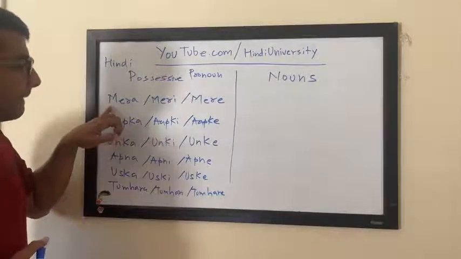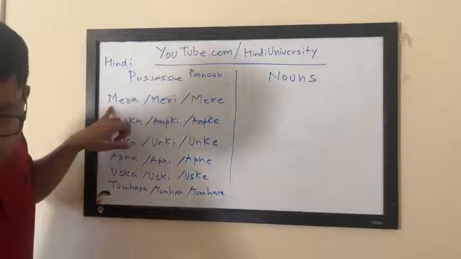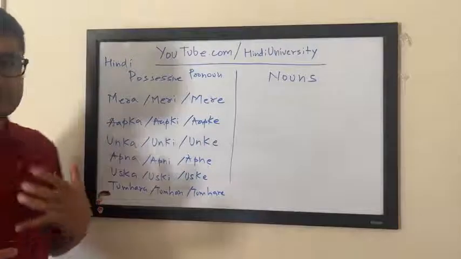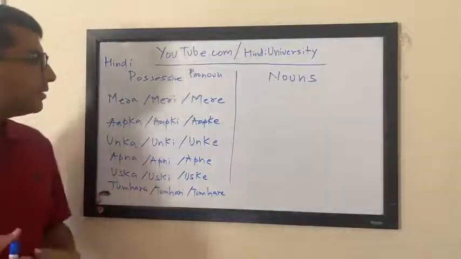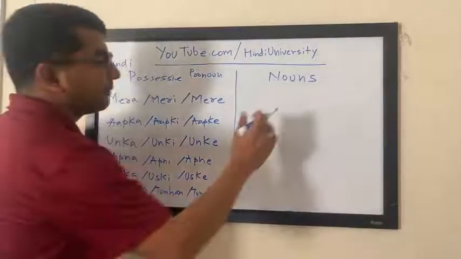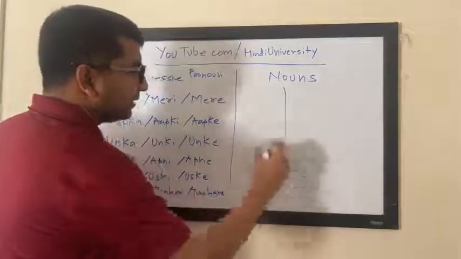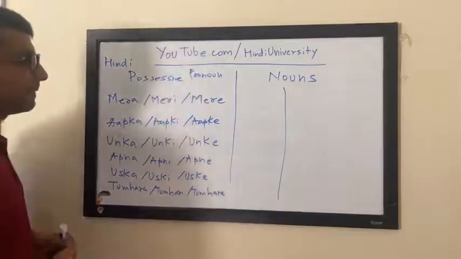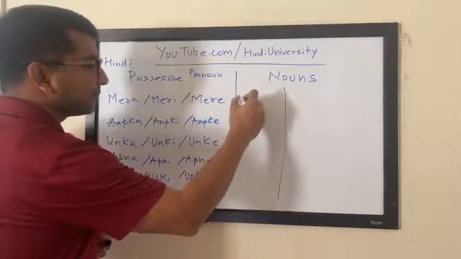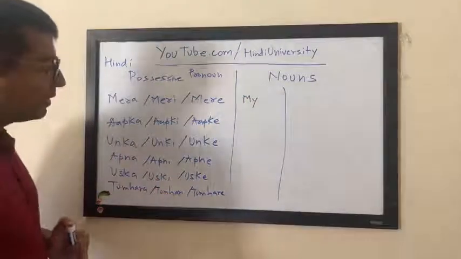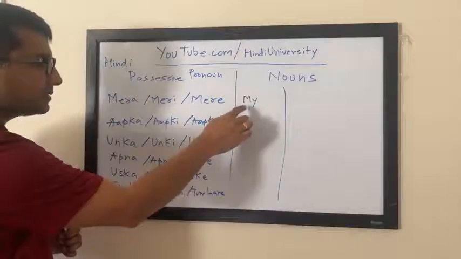What is mera, meri, and mere? I'm going to ask Sarah, you want to share what mera, meri, and mere is? What is the base pronoun here? Yeah, it's my. Mera would be masculine singular, mere would be masculine plural or mixed gender plural, and meri would be singular female or plural female. So mera, meri, and mere is nothing but my.